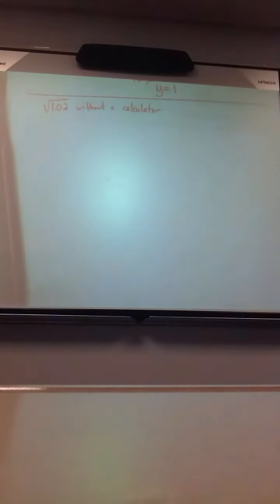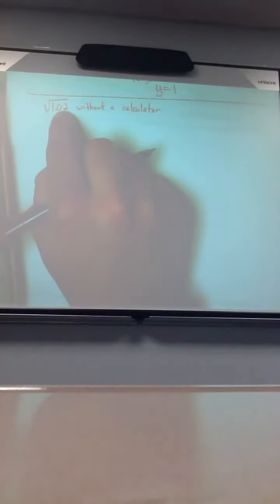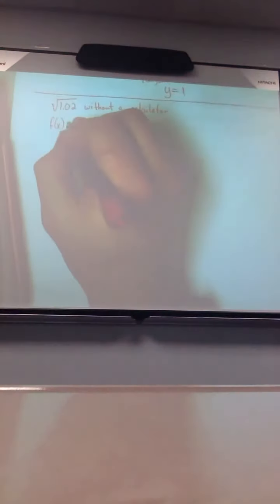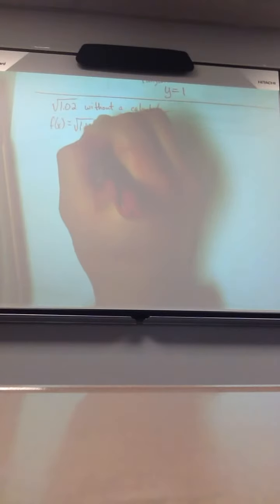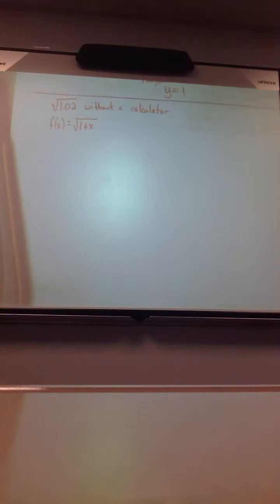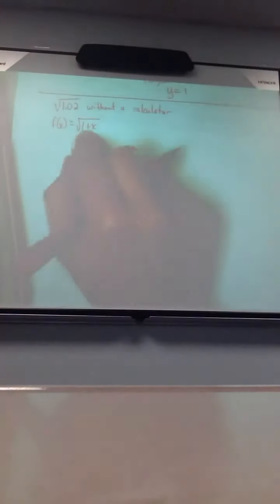Okay, so here's how we're going to do this. I know that's really close to 1, so my function that I'm going to use, or they call it a center point, is the square root of 1. And I'm going to do square root of 1 plus x, because I want x to be 0.02, right? We'll work on how to figure that part out later.